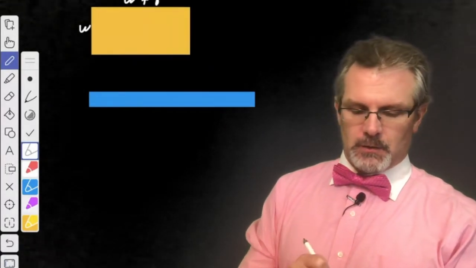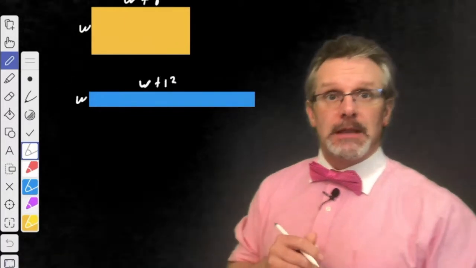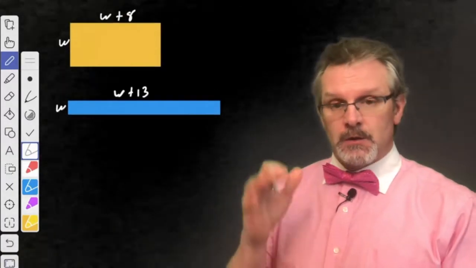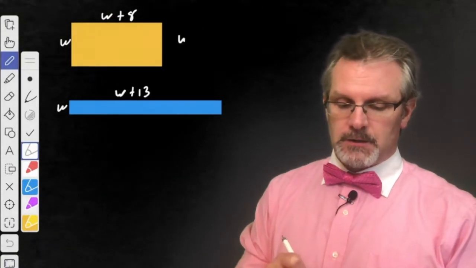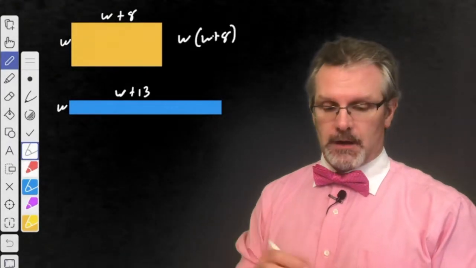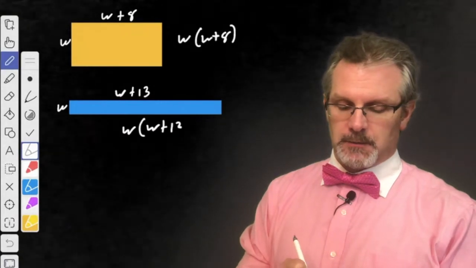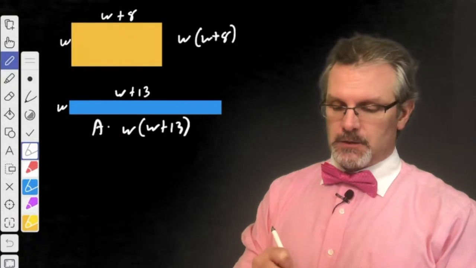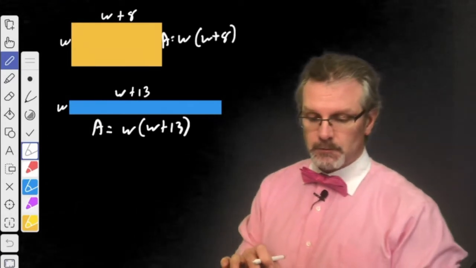And then this one we talked about was W and W plus 13. So when we multiplied these out, we had W times W plus 8 as our area, and this one being W times W plus 13. Area equals, and then let's go and put area equals there.